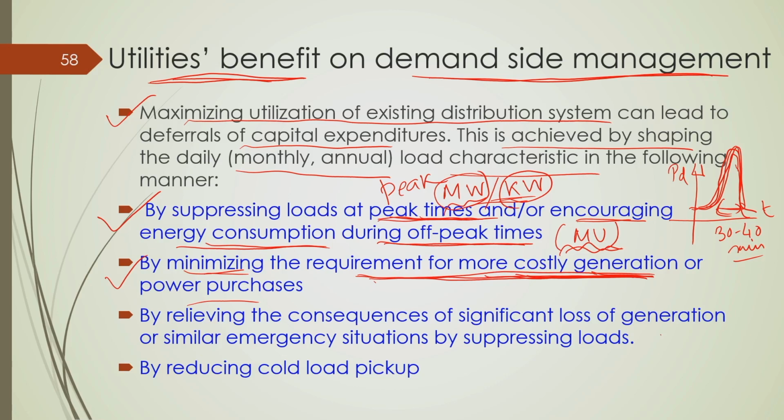Also, you can relieve the consequence of significant loss of generation. If you can shape this load curve such that it is less than your available generation, then even if there is a loss of generation, if a generator trips, the existing generators can match the load demand.